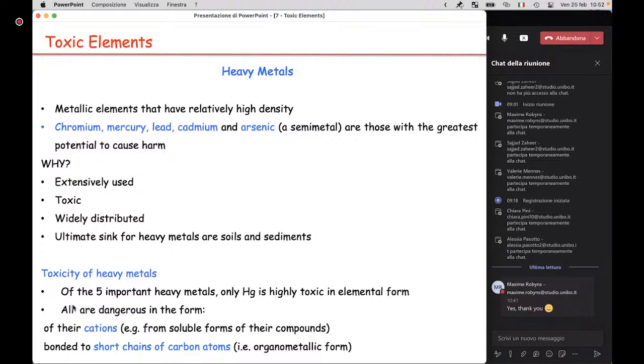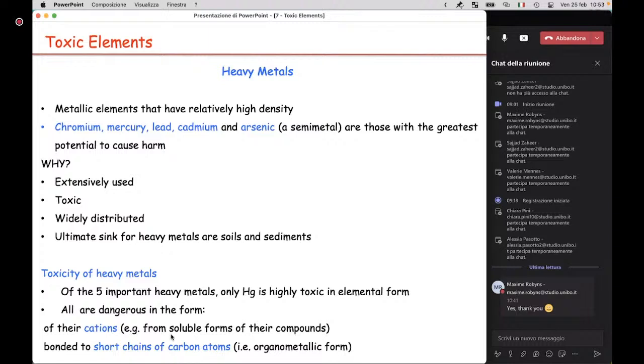All other four most important heavy metals are dangerous not in their metal form, but in their salt form. They, of course, are metals, so they form cations. Why are they more dangerous as cations? Because they are more soluble, okay? So they can be more easily absorbed.